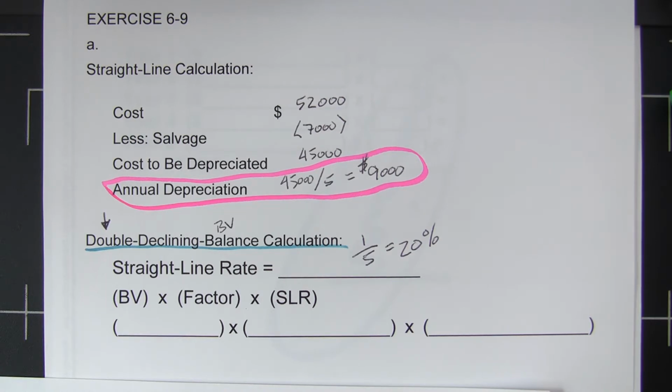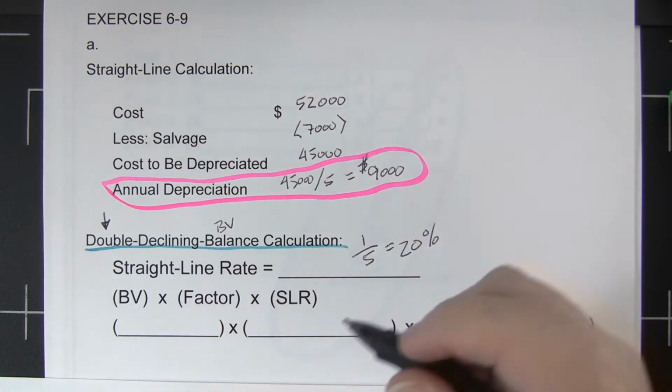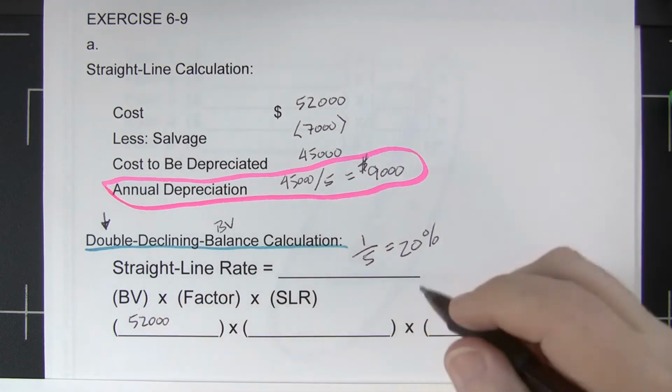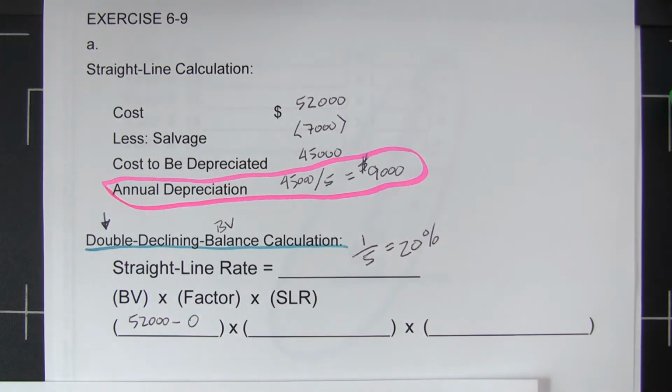If it were 1/12, we would divide 1 by 12. We have to get the rate, and the rate is always a percentage. Now, the book value at the beginning of the year was what we paid for it, minus any accumulated depreciation, which is 0 at the first year. We just got the thing.